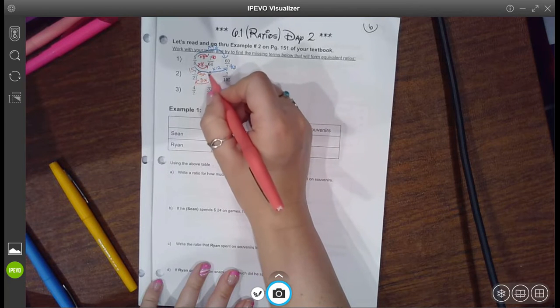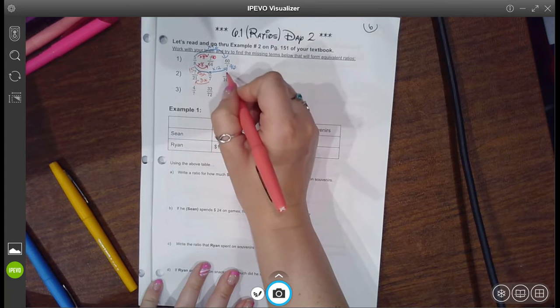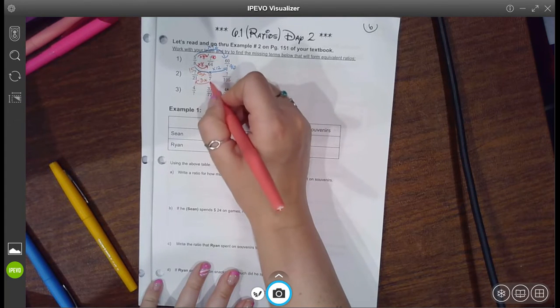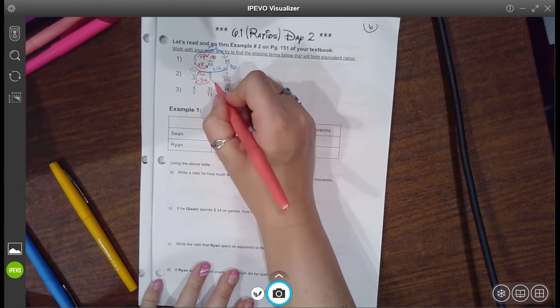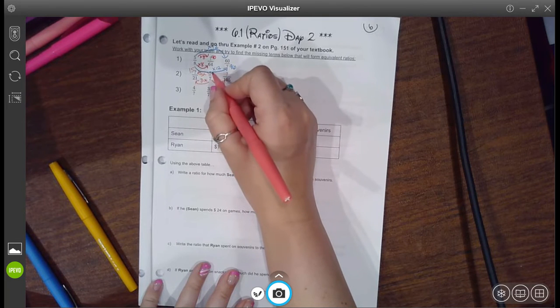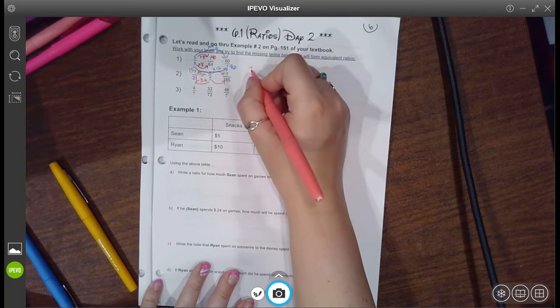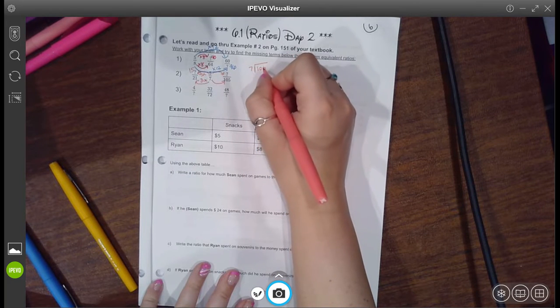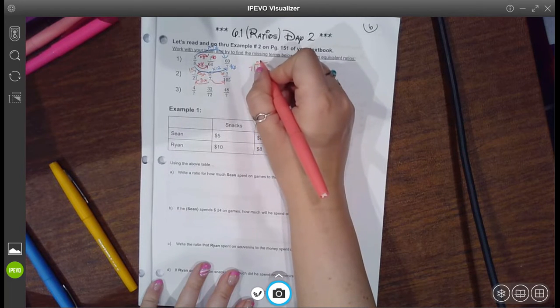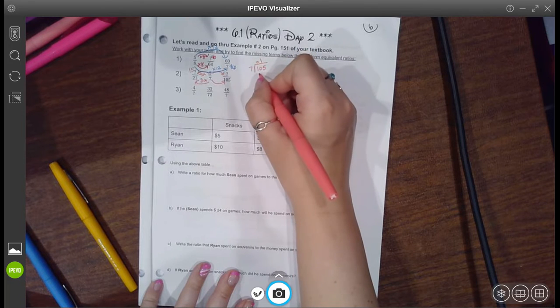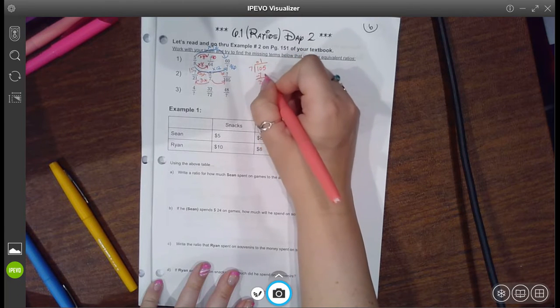And then again, use this same one. Don't use this one. Use this ratio to help you find this missing piece of this ratio, because they gave me both the top and bottom. So you want to go from the 7 to the 105, so that then you can do 5 times something to give you this. Well, 7 times what is 105? Let's figure that out. 7 can't go into 1, but it can go into 10 once. Subtract, you get 3.